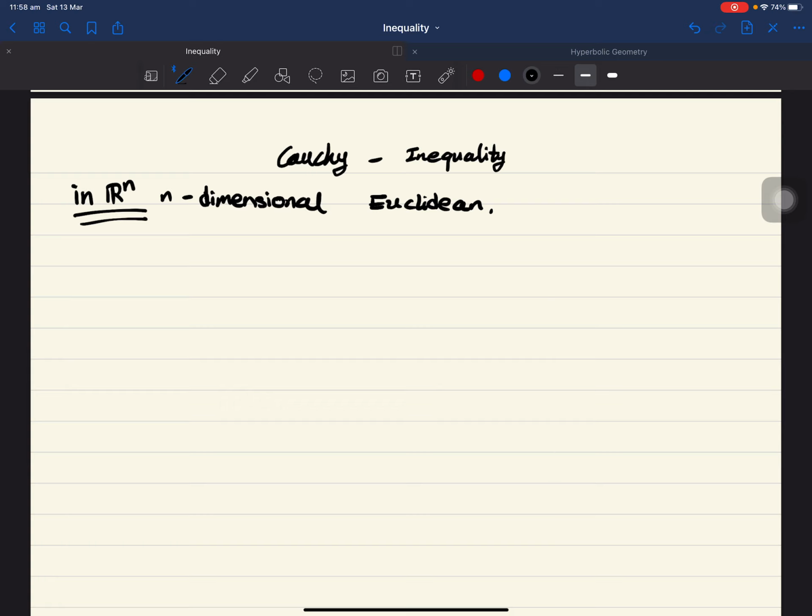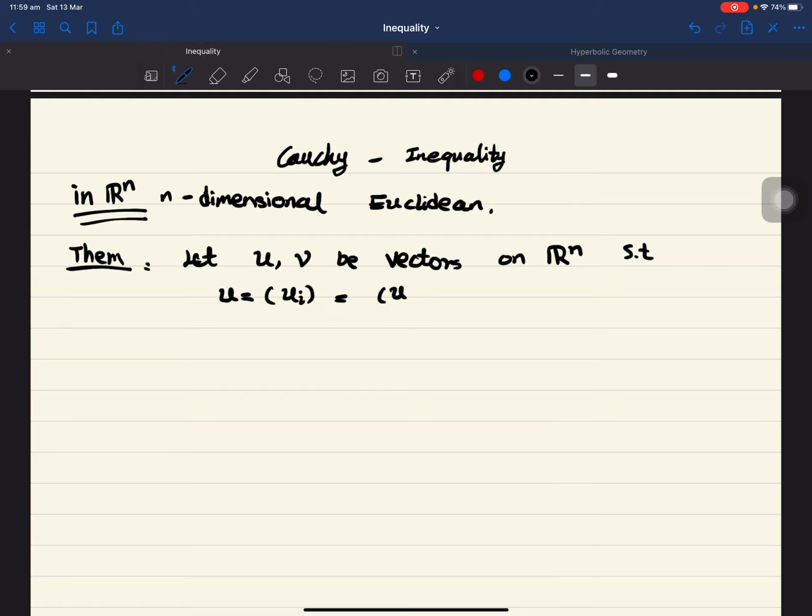So in Cauchy inequality, let U and V be vectors on Rn such that we write U as Ui, that means U1 to Un, and V as Vi, such that V1 to Vn.